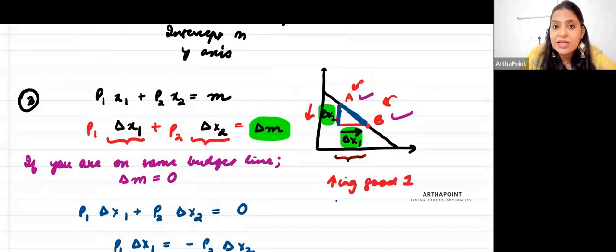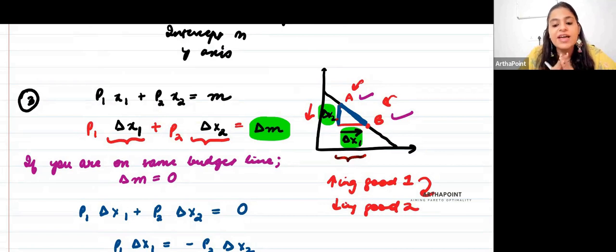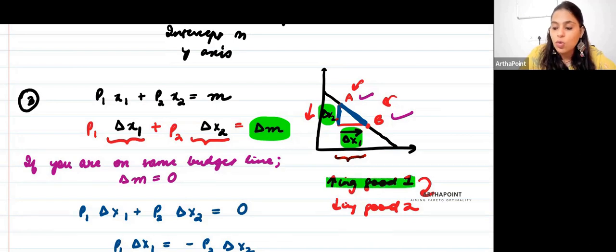But I can increase good 1 only by decreasing good 2 because I have limited income. That happens in our daily life. If I have 100 rupees and you ask me to buy more chocolates, I will be able to buy less pens. So I can increase good 1 only by decreasing good 2.